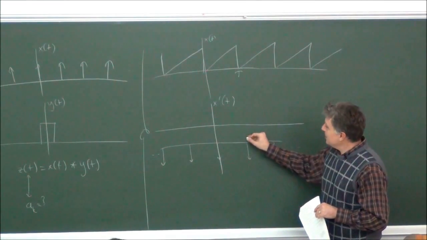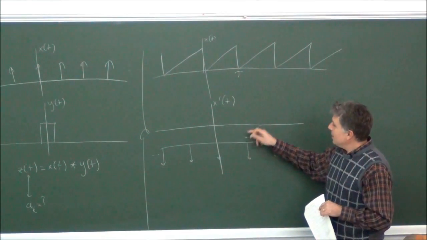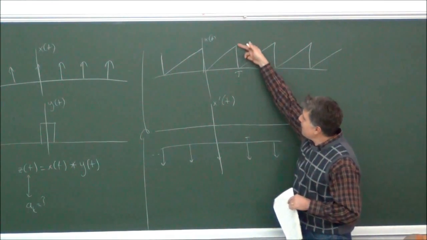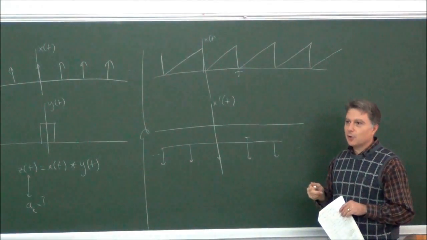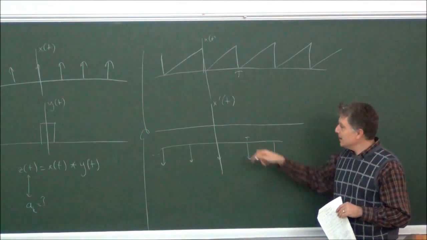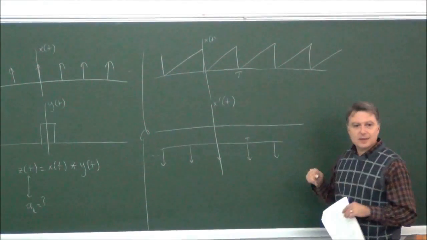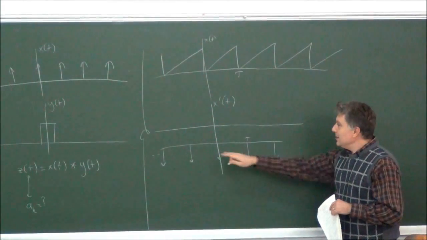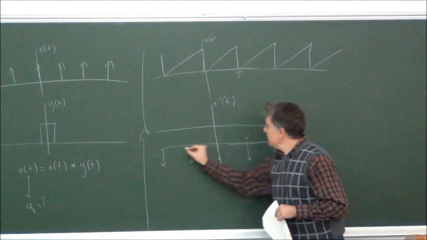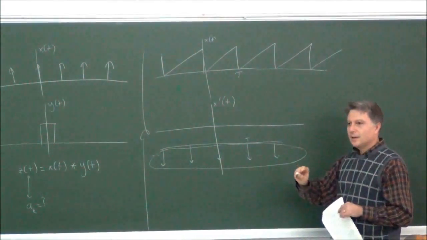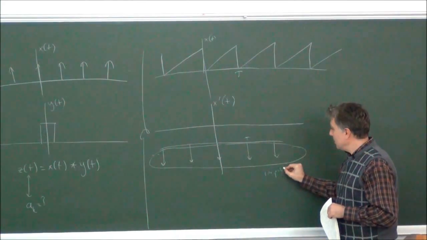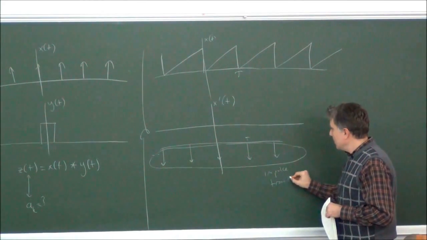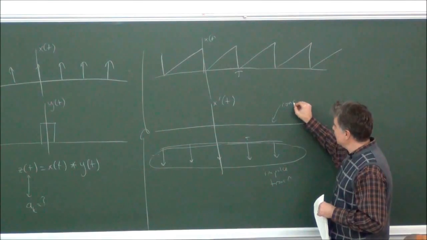At every period instance, it imposes a downward going infinite slope. So that is these negative things. So this is an impulse train. This portion is an impulse train. And this is a constant.